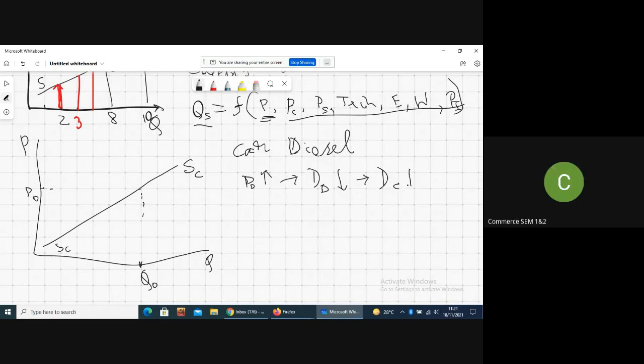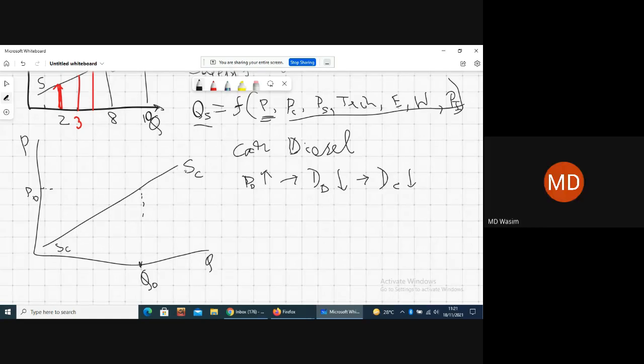So those who are sellers in the market can see that for a rise in the price of diesel, the demand for cars will fall. So in the long term, or after a few months, the sellers of cars will reduce their production of cars. Right?